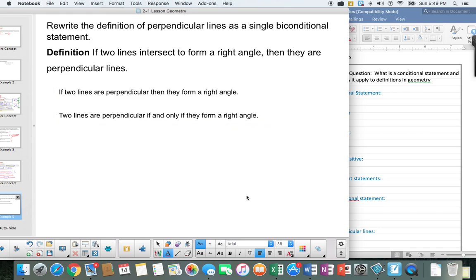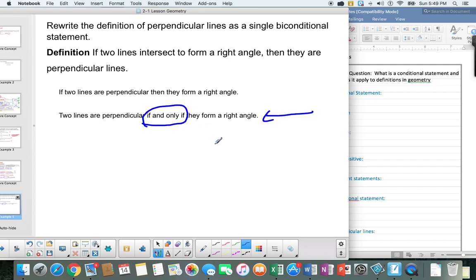Okay, so this is what they were asking for. They were asking for the biconditional. How do I know that's a biconditional? It has this phrase, if and only if. And it stands for these two sentences, the conditional and the converse. So it's a shorthand notation of writing two sentences.